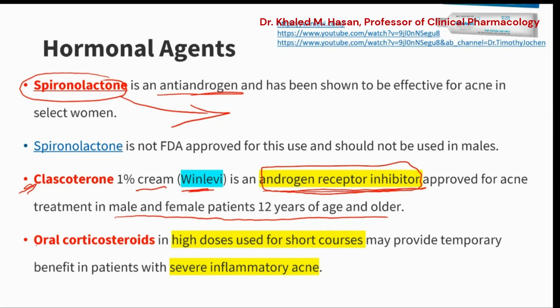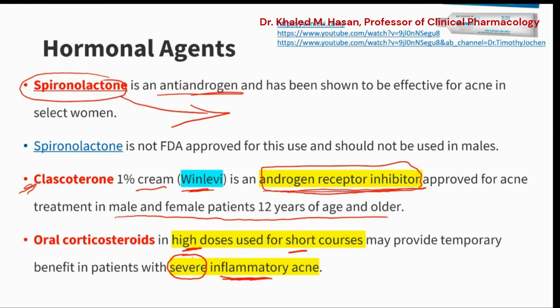Moving to the oral corticosteroids. Very important issue: we don't use cortisone for acne. But when you have severe acne, look what we have here: inflammation. We use it for short term and high dose only to relieve inflammation. So the purpose of cortisone is in severe acne only, we don't use it in mild or moderate.